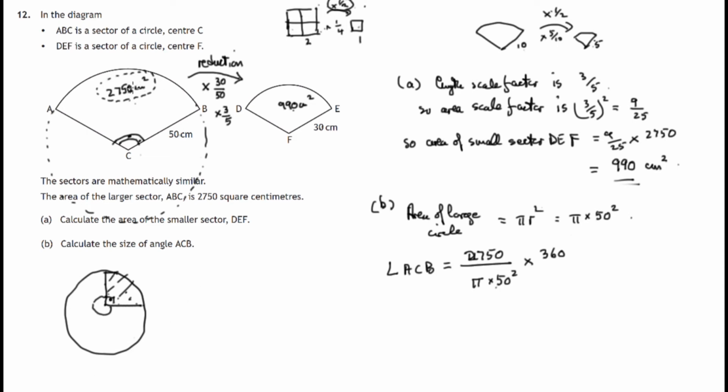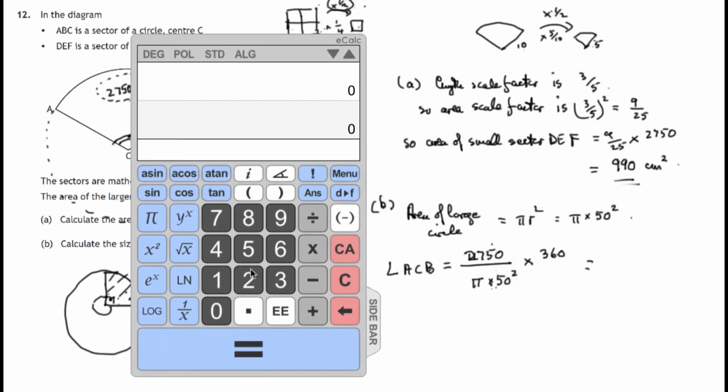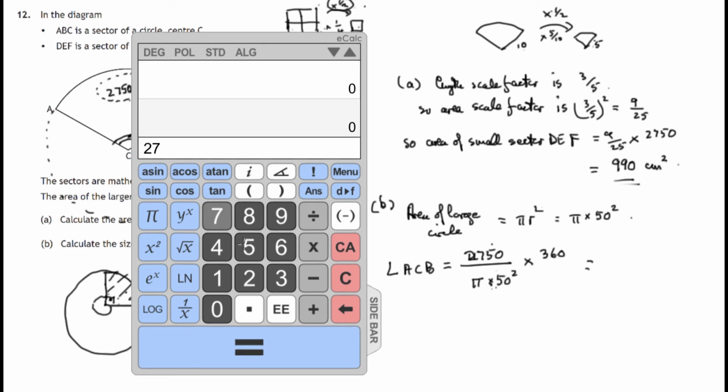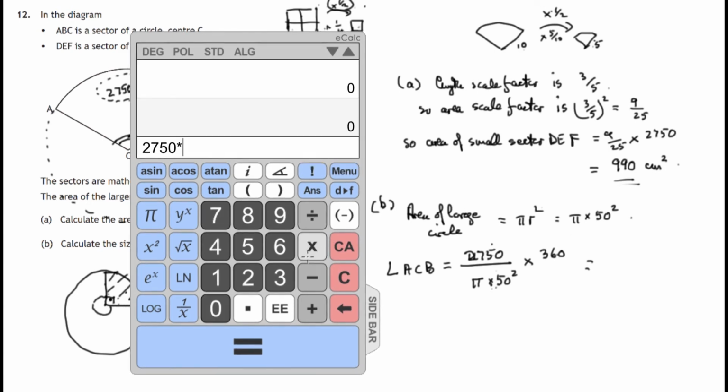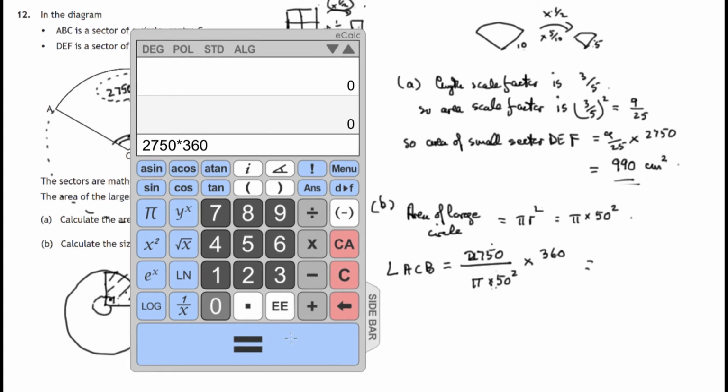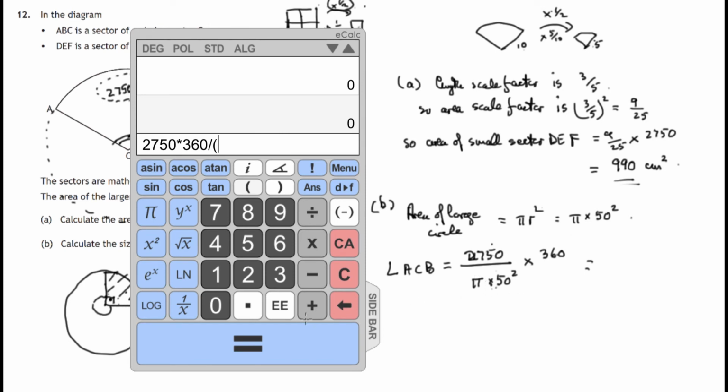So 2,750 square centimetres for this sector compared with the whole circle, pi r squared, pi times 50 squared. This fraction of 360 degrees will give us this angle. So that's the calculation that we need to do. So on the top of this fraction, we have 2,750 times 360, and that gets divided by the whole of the bottom line, which is pi times 50 squared.